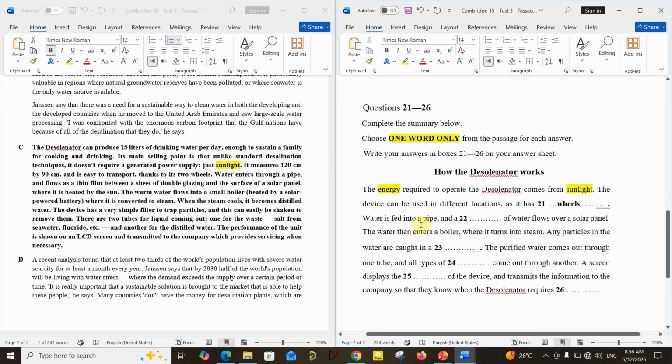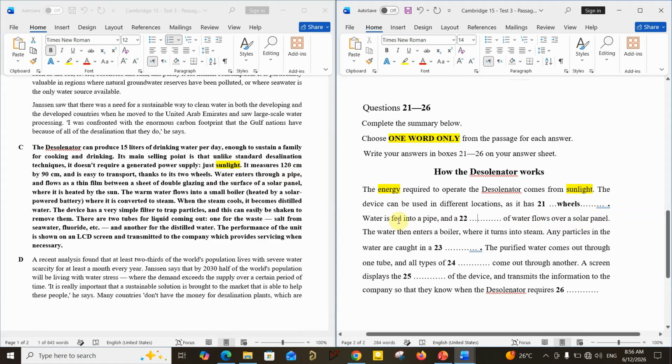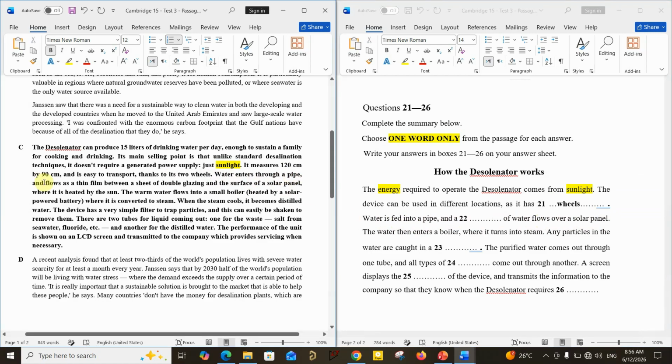So water is fed into a pipe and a layer of water flows over a solar panel. The questions and answers in summary completion most of the time are in the same order. So water enters through a pipe, as it says here, fed into a pipe, and flows as a thin film between a sheet of double glazing and the surface of a solar panel.